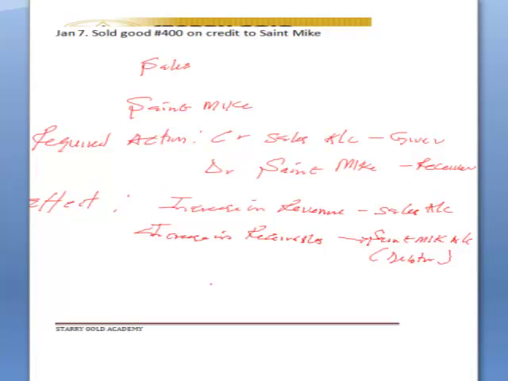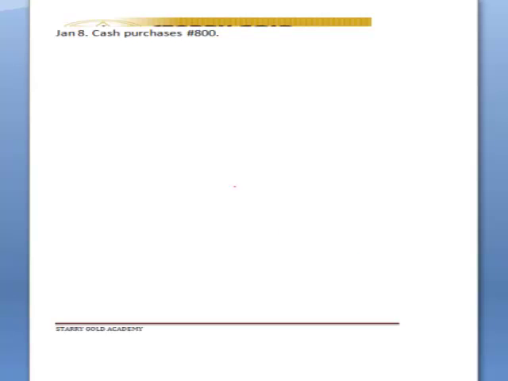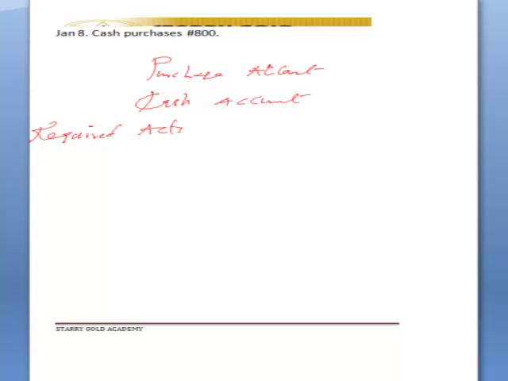The next transaction that we need to consider is cash purchases. Here, there is a purchases account and there is cash account. These are the two accounts involved. What will be the required action to be taken if we want to record this?